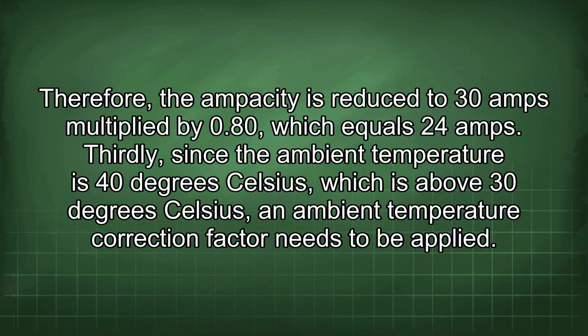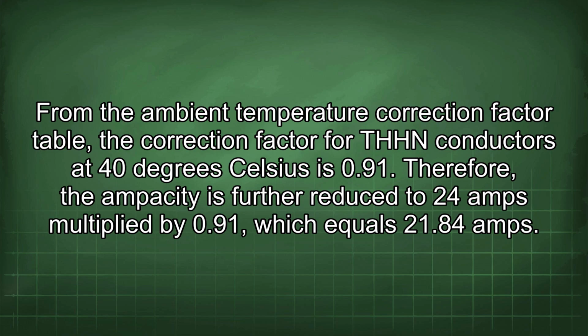which equals 24 amps. Thirdly, since the ambient temperature is 40 degrees Celsius, which is above 30 degrees Celsius, an ambient temperature correction factor needs to be applied. From the ambient temperature correction factor table, the correction factor for THHN conductors at 40 degrees Celsius is 0.91. Therefore, the ampacity is further reduced to 24 amps multiplied by 0.91, which equals 21.84 amps.